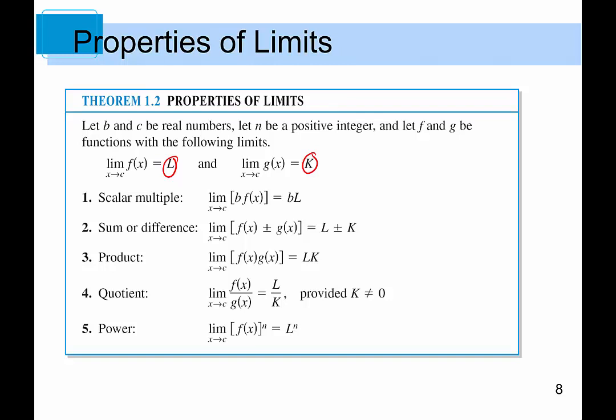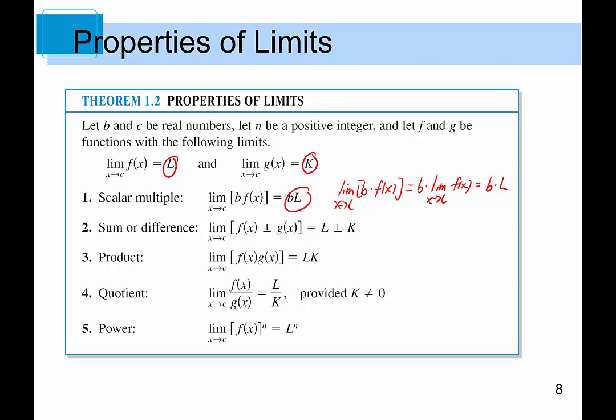Scalar multiple: if you have a constant in front of f of x, then you can factor out b in front of the limit. So the constant b goes in front, and we know limit of f of x is L, so it's b times L. That's why we have this result bL.